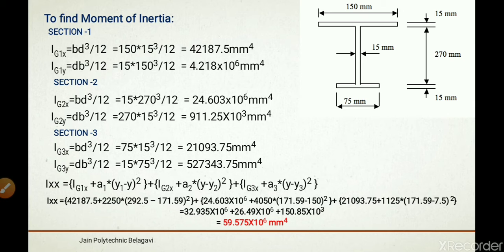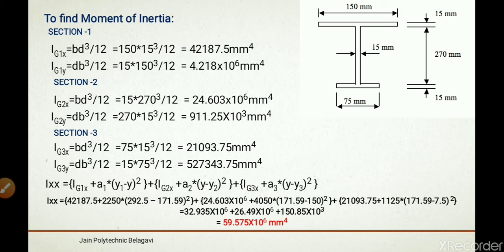So combining all these moments of inertia of the respective sections in the main formula for the moment of inertia of the whole section, right? We know the formula, the parallel axis theorem, that is Ig plus AH square. Area 1, area 2, area 3 have been calculated in the previous slide during the CG calculation.